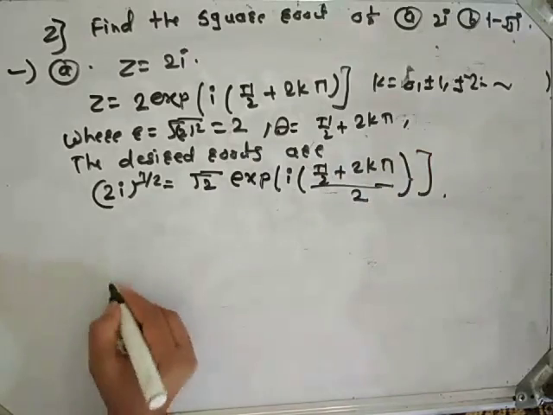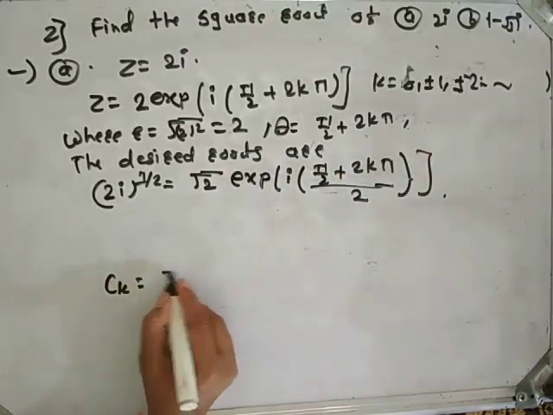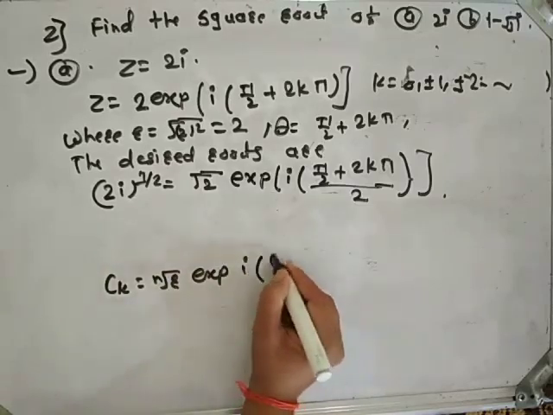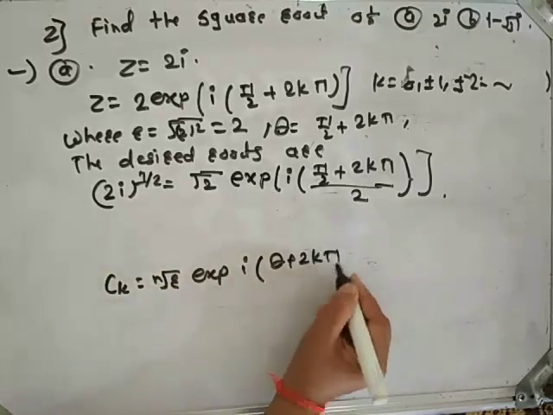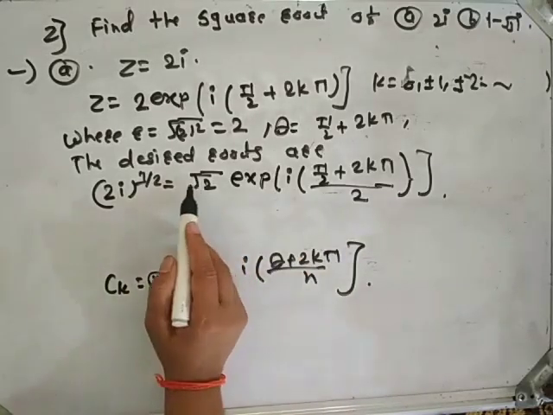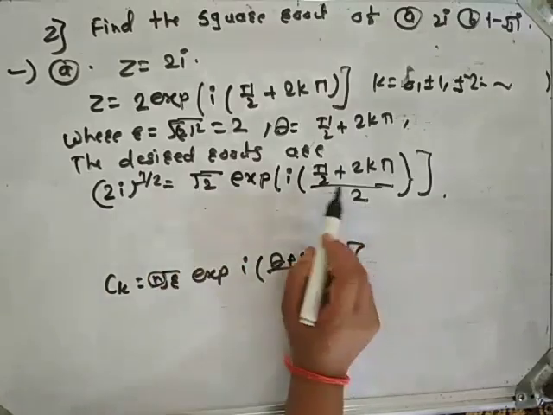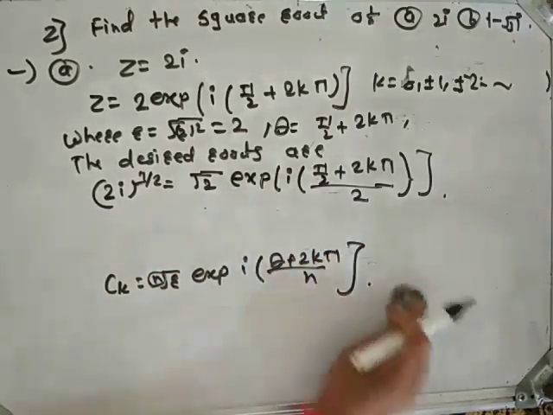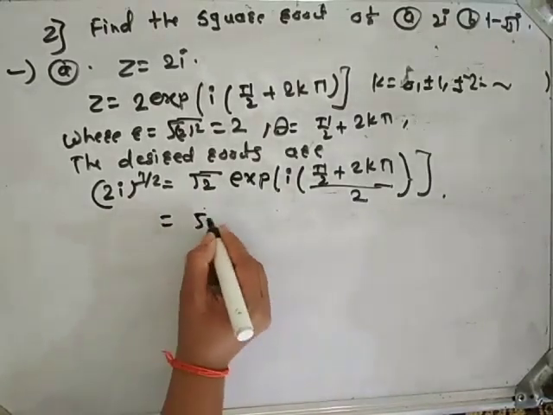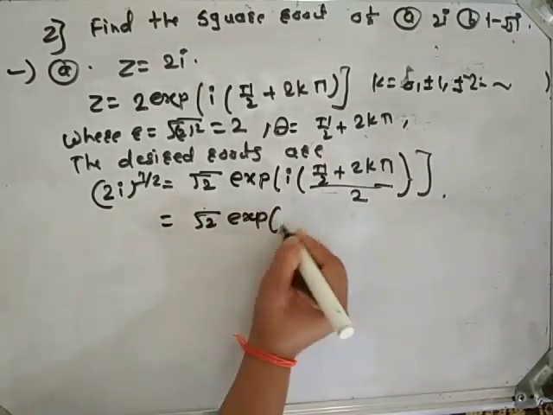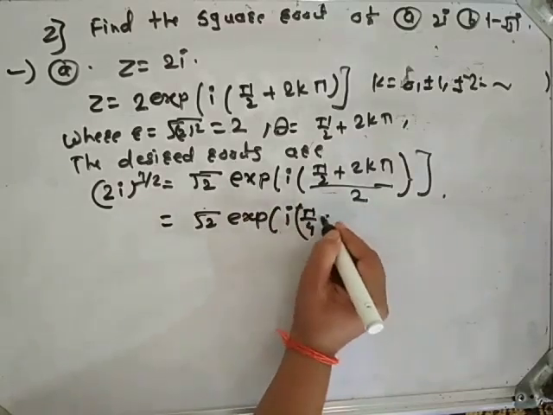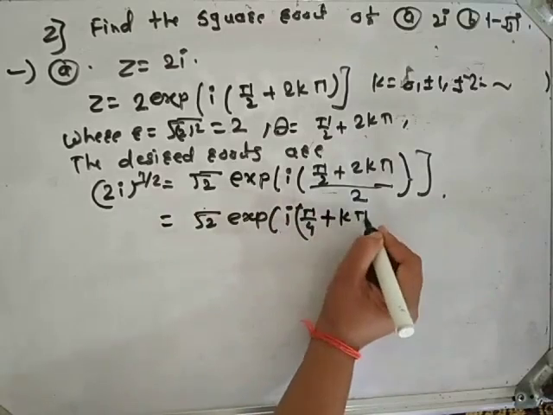Actually your formula is ck equals nth root of r exponential of i into theta plus 2k pi upon n. Here your n is 2, that's why here is square root of 2 and here is divided by 2. So this is nothing but root of 2 exponential of i into pi by 4 plus k pi.